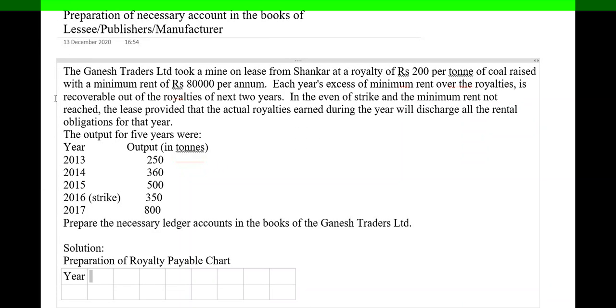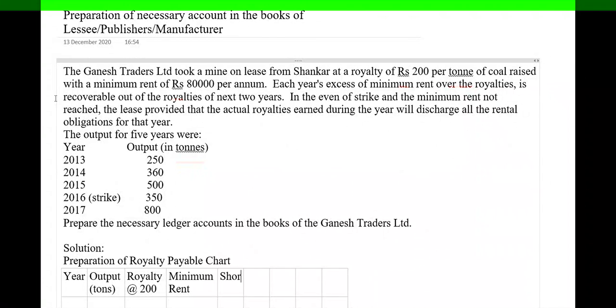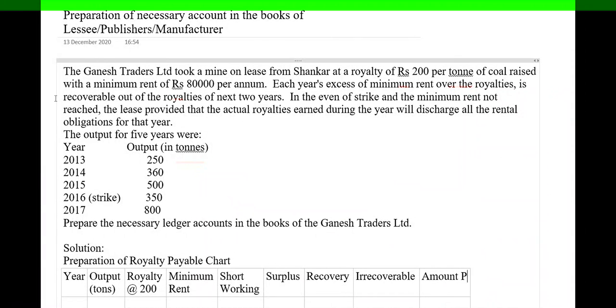So the first column here, output in tons, then royalty at rupees 200 is agreed amount, so 200, then minimum rent, then short working, then surplus, then recovery, then irrecoverable, then amount payable to landlord or lessor.